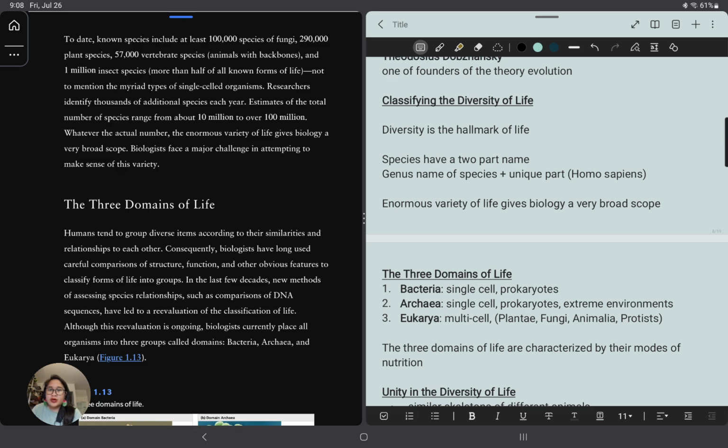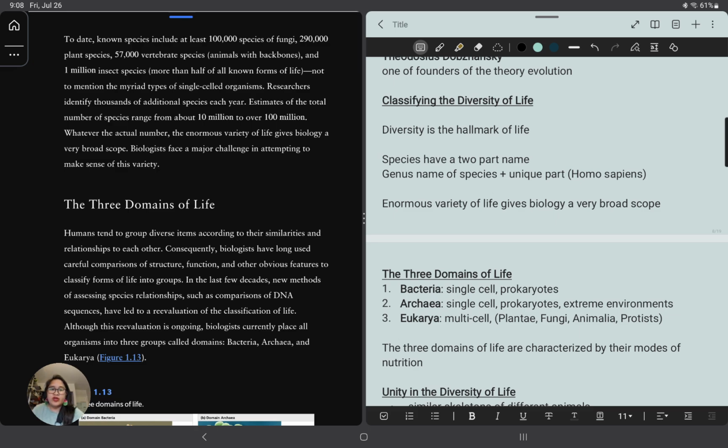Researchers identify thousands of additional species each year. Estimates of the total number of species range from about 10 million to over 100 million. Whatever the number, the enormous variety of life gives biology a very broad scope. Biologists face a major challenge in attempting to make sense of this variety.